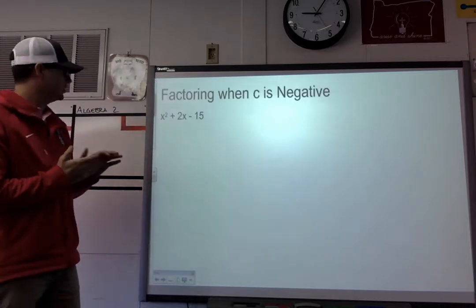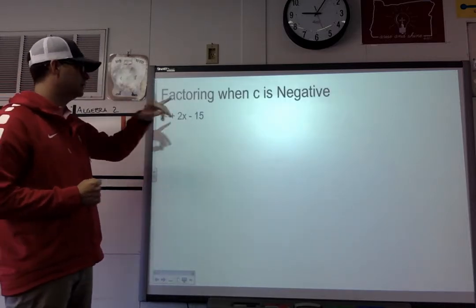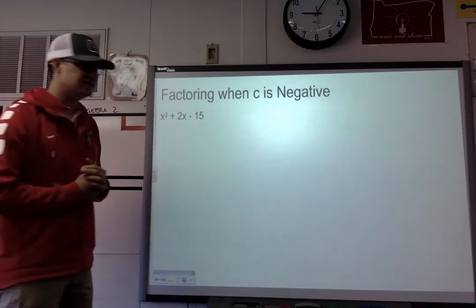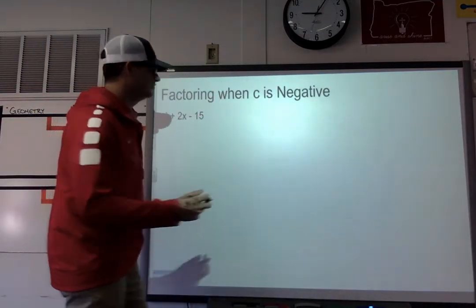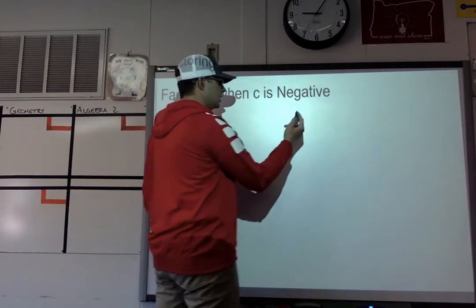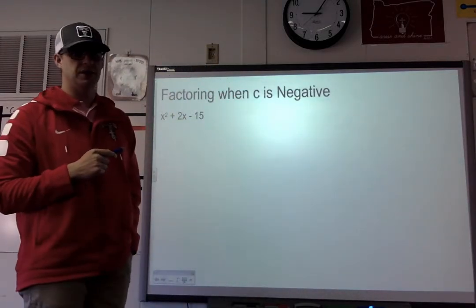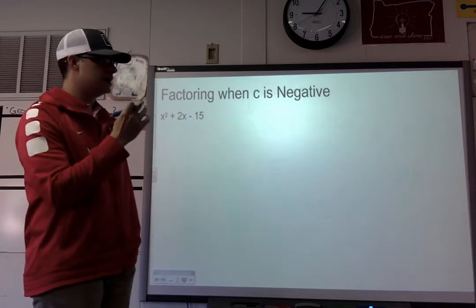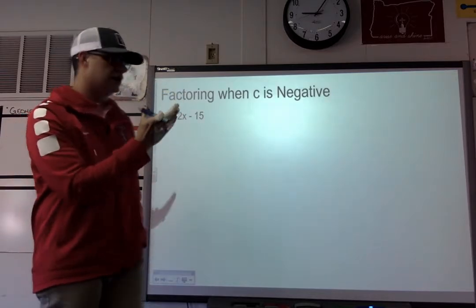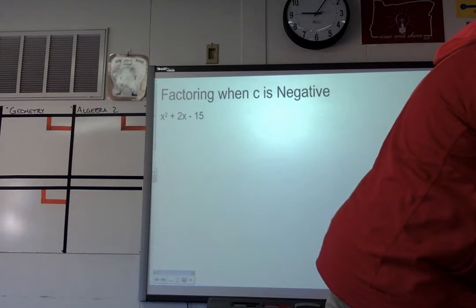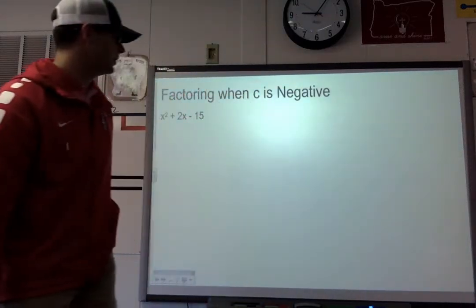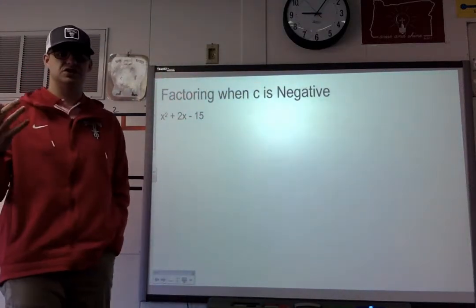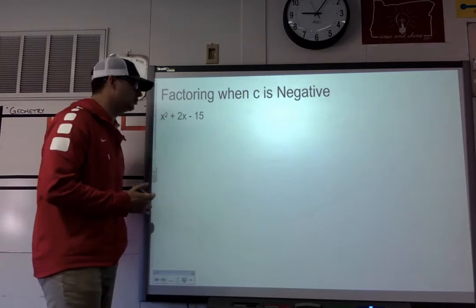So then the third thing here is factoring when b is positive and c is negative. So far we've done b and c both being positive, which ended with two binomials that both included addition. We've done when b is negative and c is positive, which gave us two subtraction binomials.